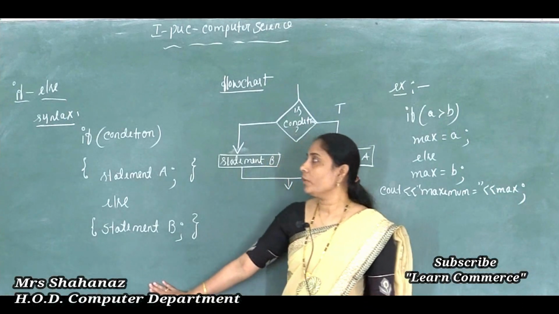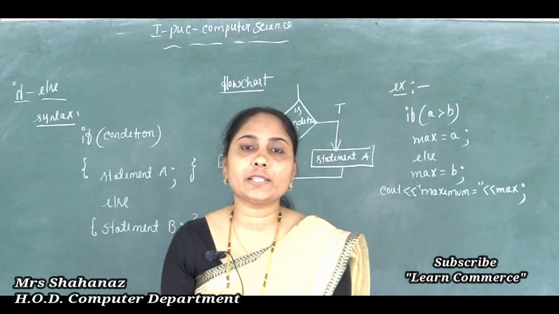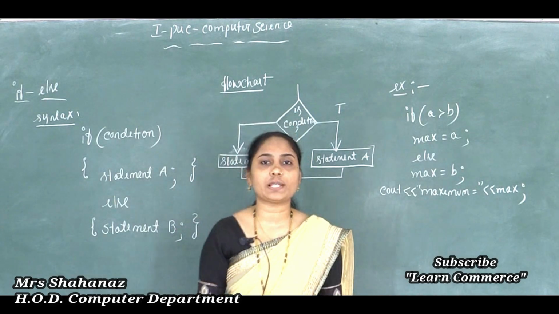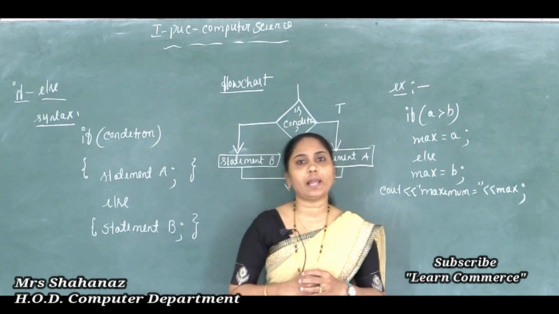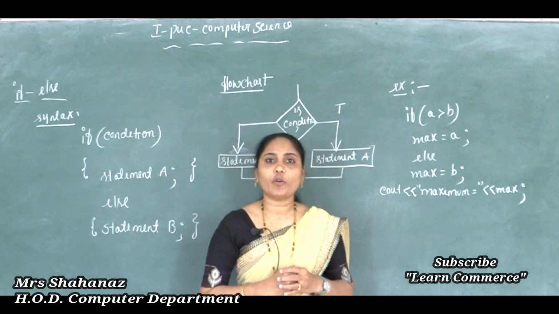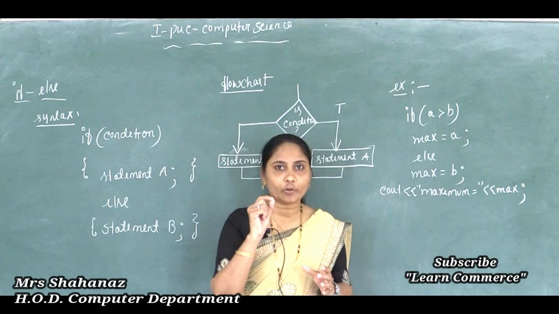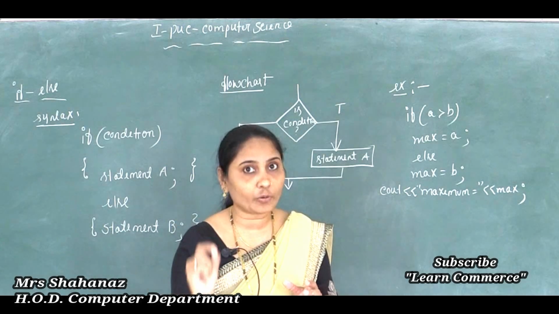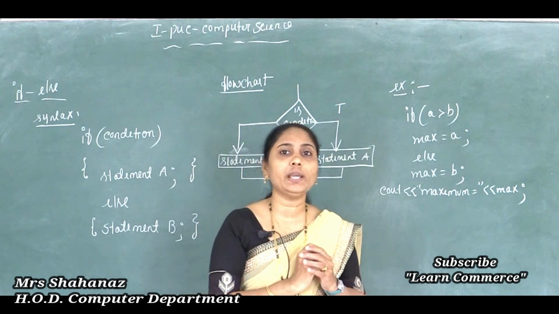Okay, now we know that in the last class we already started the concept of selection construct. We know the meaning of the selection construct here. That means the ability of a programming language to select the statements of a program for execution based on a condition. Correct? Here we are going to select the statement for execution based on the condition.